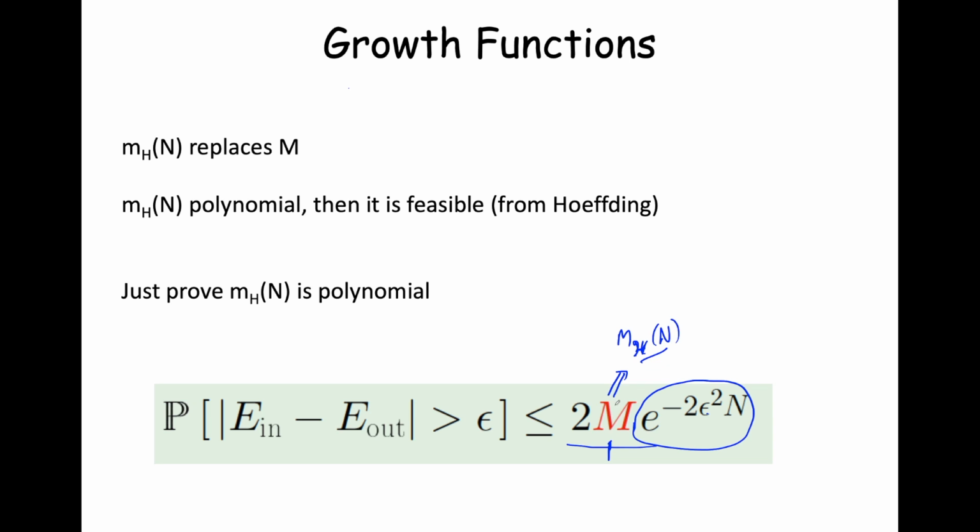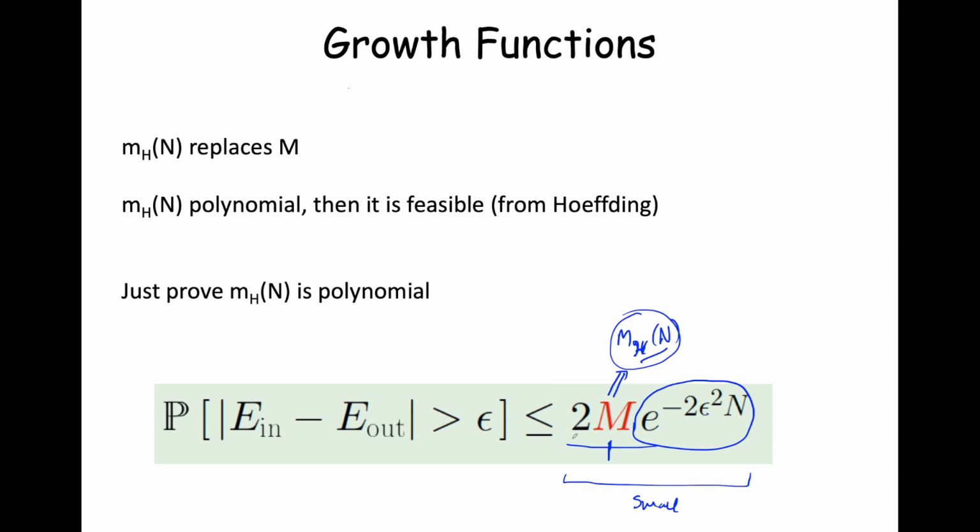And so if our growth function is polynomial, then learning is feasible because we will get the right-hand side of the union bound of Hoeffding's inequality to be small, as long as this growth function is polynomial.